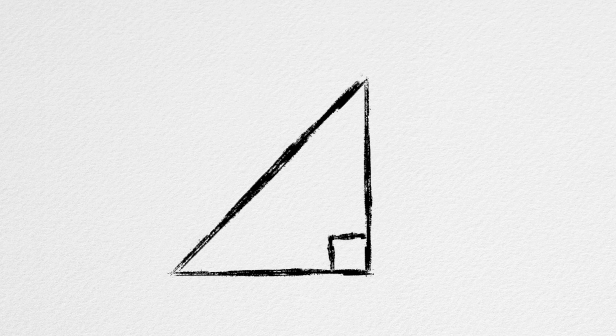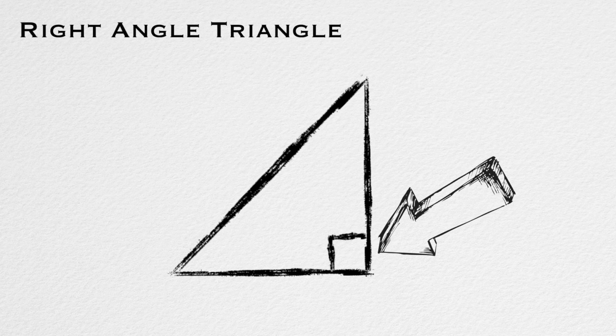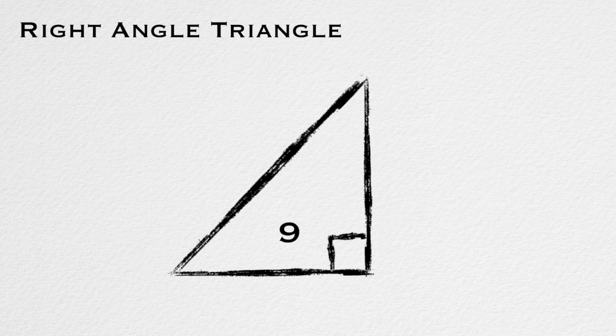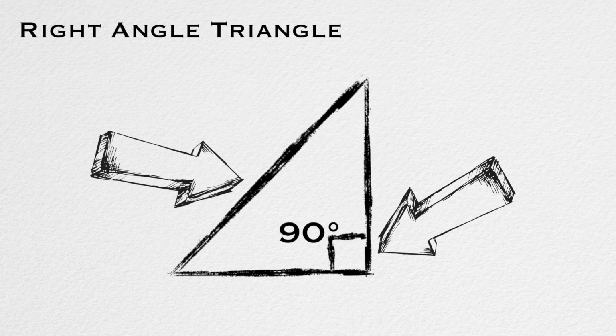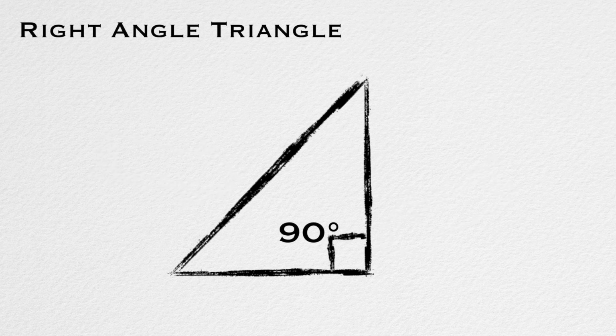This is a right angle triangle. This angle measures 90 degrees. Now, the side opposite of this angle is called the hypotenuse.